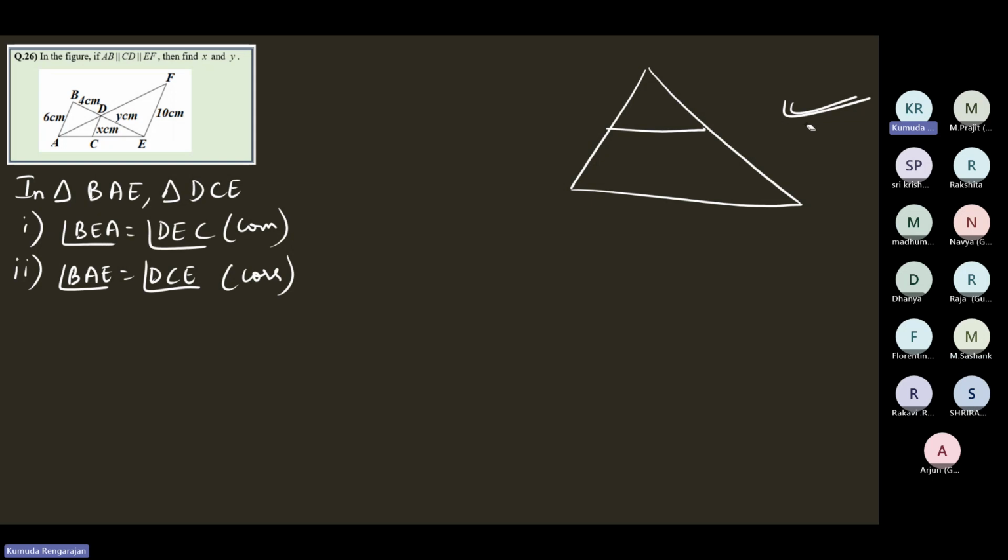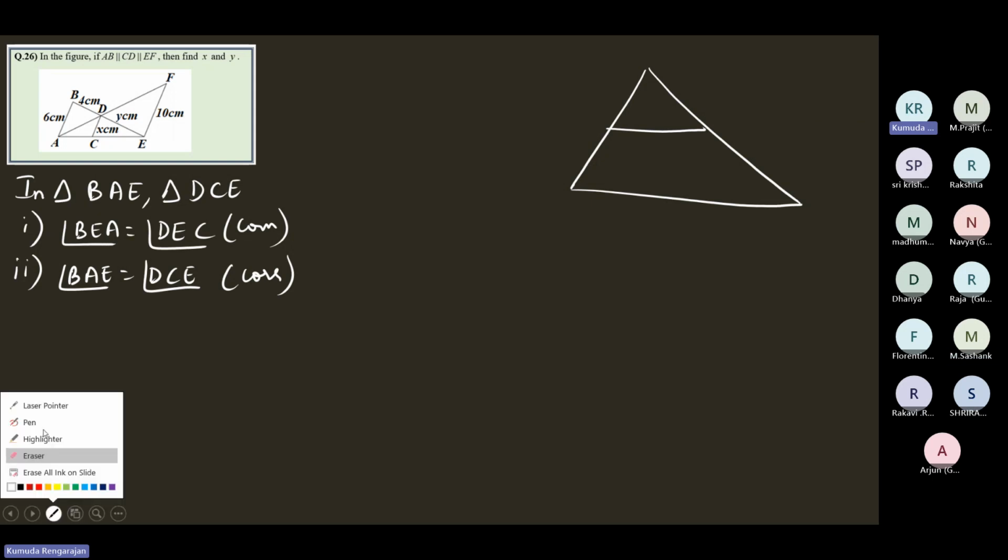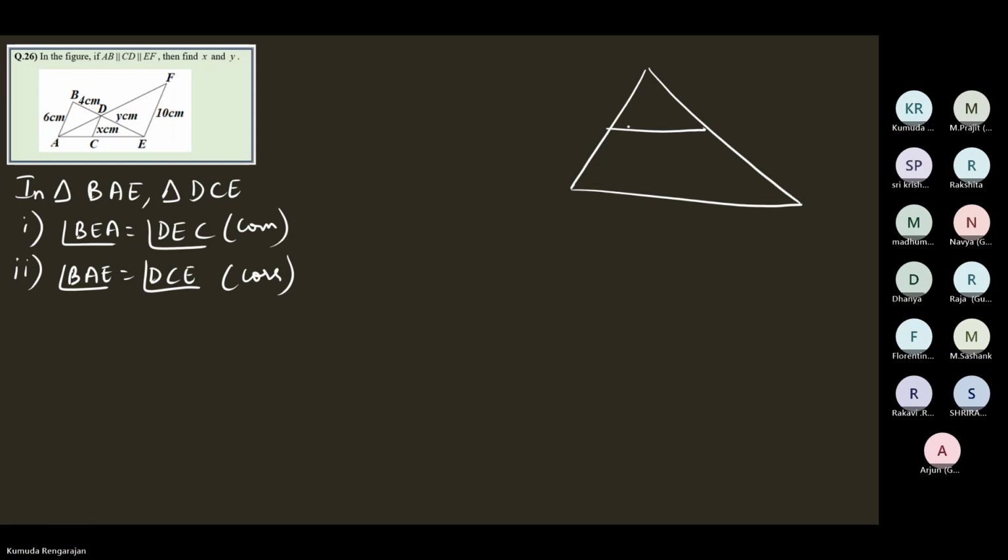So if the information given in the question, as well as what you have to find, is all about something here or here, then BPT is sufficient. You can even use similar triangles. But if it has to do with this and this, if information is given about these portions, or you have to find something of these, then you have to use similar triangles because BPT does not connect these two line segments, while similar triangles does.